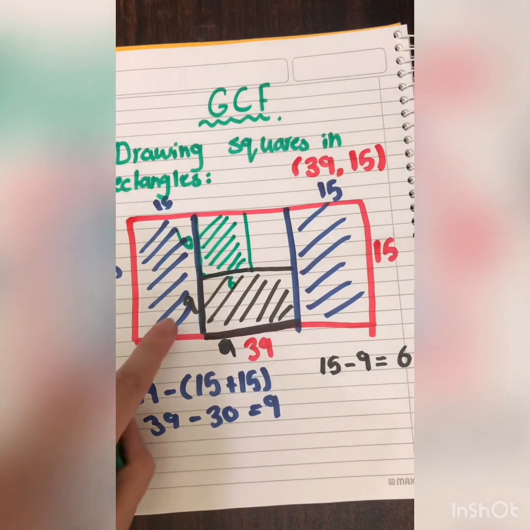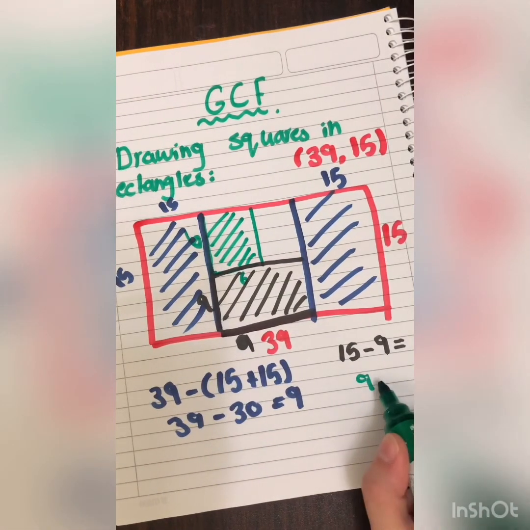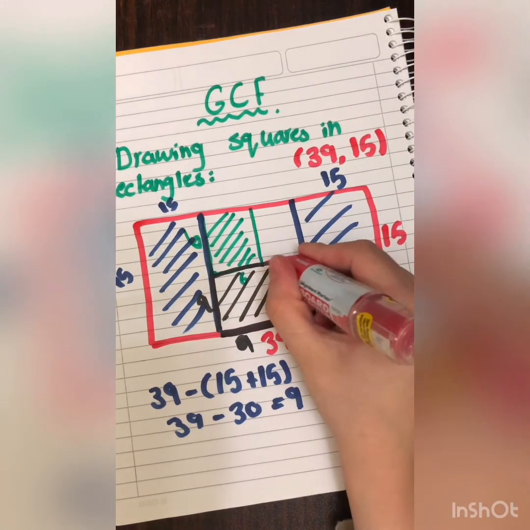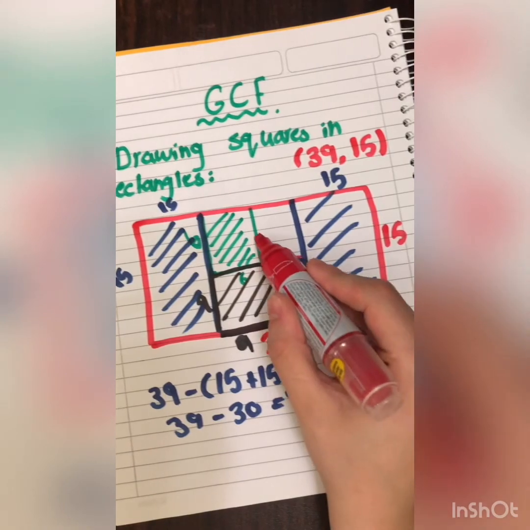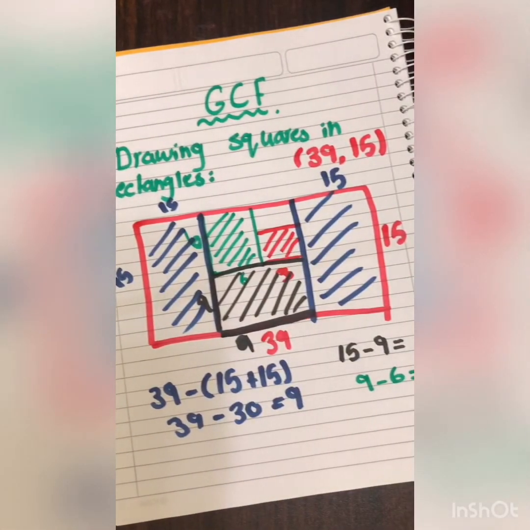Now how much is left from the 9? 9 minus 6 is 3. So this is 3. I'm going to divide the 6 into 3 by 3 squares.